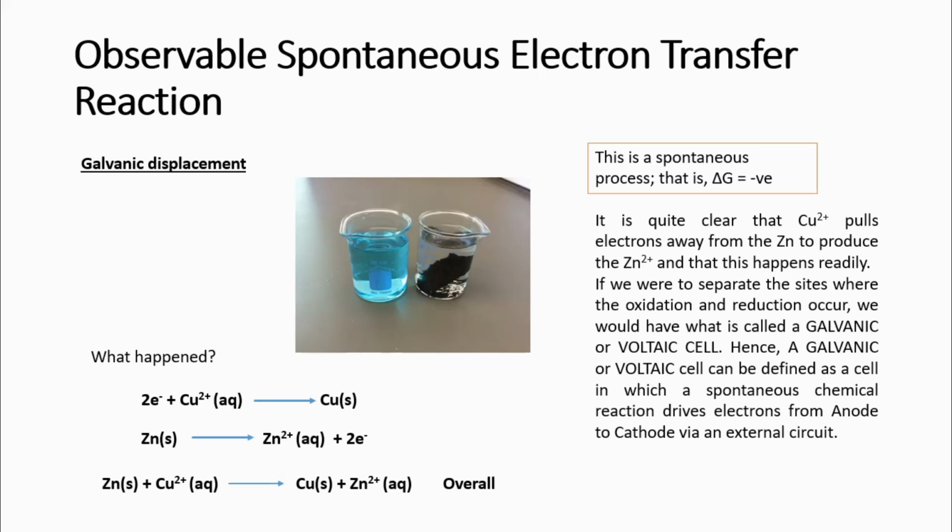The galvanic cell differs from the electrolytic cell in that in the electrolytic cell, you have a non-spontaneous reaction being driven by the input of charge, whereas in the voltaic or galvanic cell, as it is also called, you have a spontaneous reaction taking place leading to the output of charge. You could say a spontaneous reaction takes place and in so doing produces a flow of electrons, which is called an electrical current.